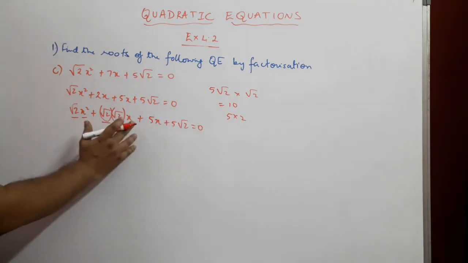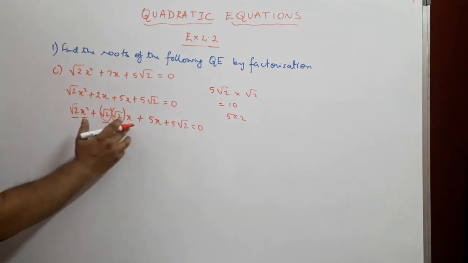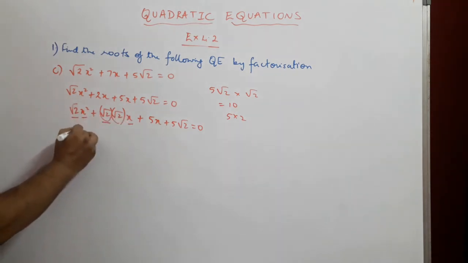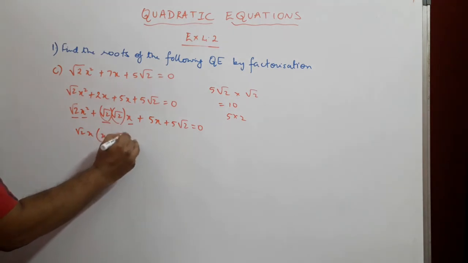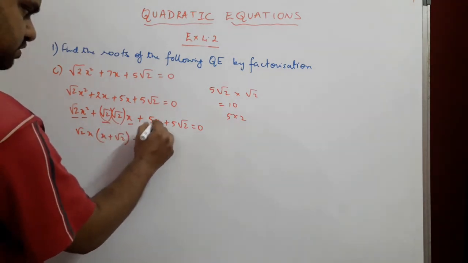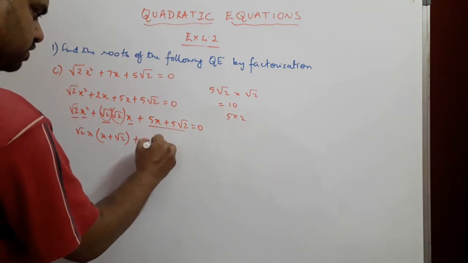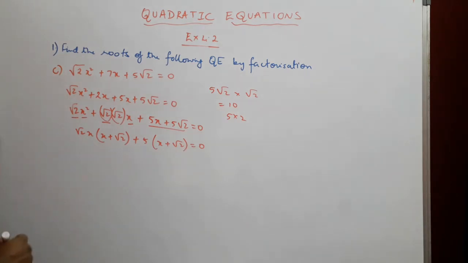So here, as I've already marked, we can take root 2 common and x common between. So root 2 x, what is left behind here is just x. Here only root 2 will remain behind. Here we can take 5 common. So between the two, what is left behind is just x plus root 2 equal to 0.